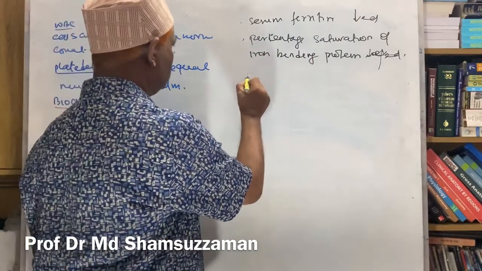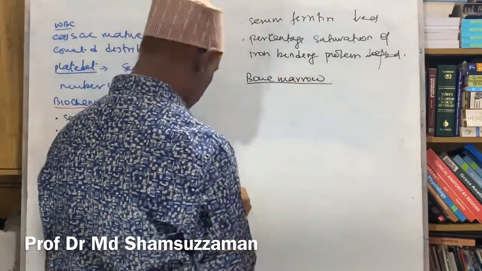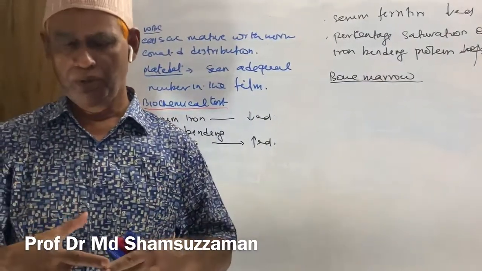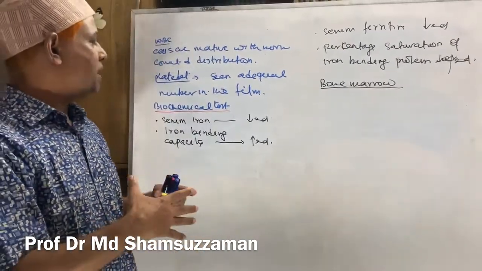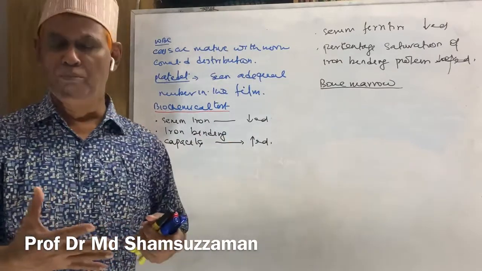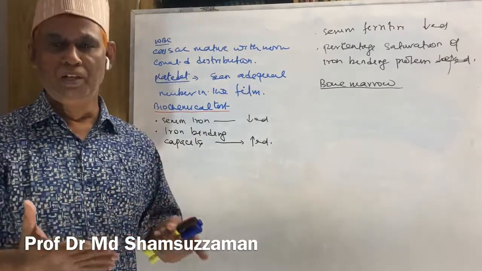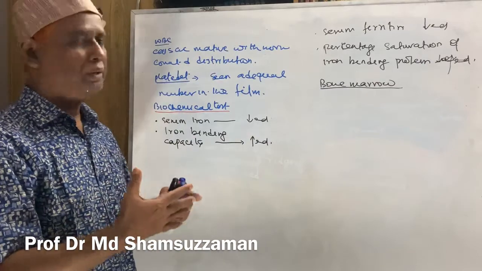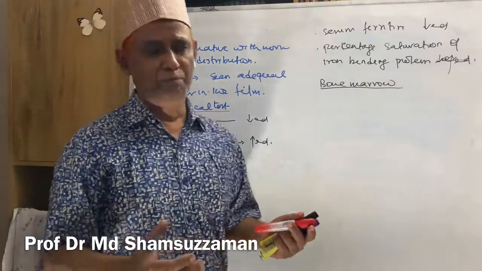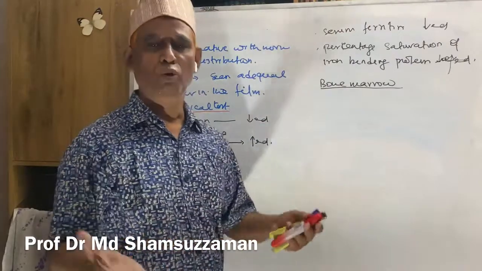Now come to bone marrow. Dear audience, you know iron is deposited in the bone marrow. In case of iron deficiency anemia, we have to know about the stainable iron in bone marrow. As iron is stored in bone marrow, in iron deficiency anemia there will definitely be a shortage of iron in the storage of the bone marrow. So if we stain the bone marrow by Prussian blue reaction for the stainable iron, we will see stainable iron will be diminished.